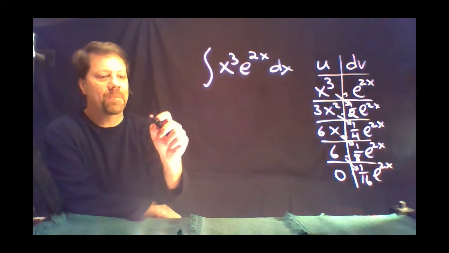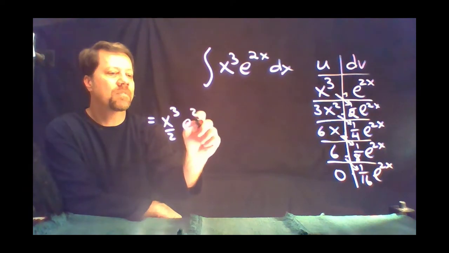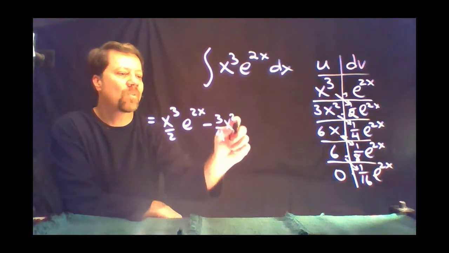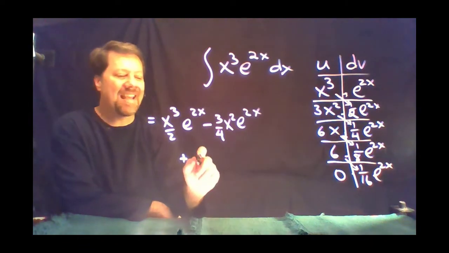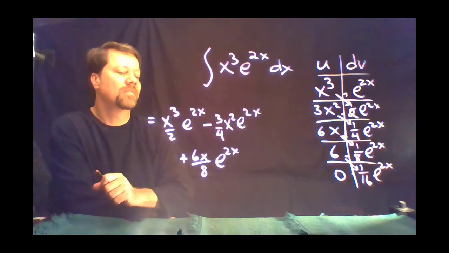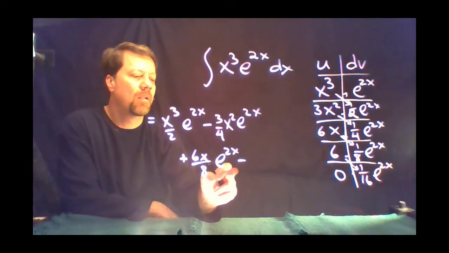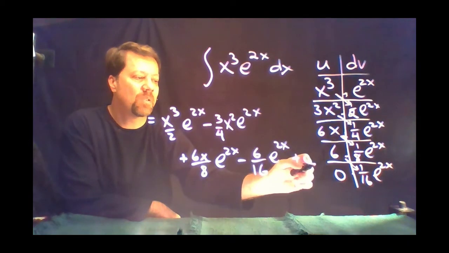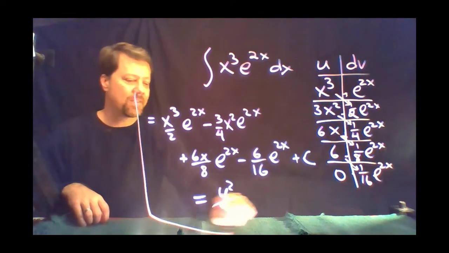The solution will be x cubed over 2 e to the 2x minus 3/4 x squared e to the 2x plus 6/8 x e to the 2x, and then minus 6/16 e to the 2x plus c. All of that equal to y squared over 2 gives us the solution.